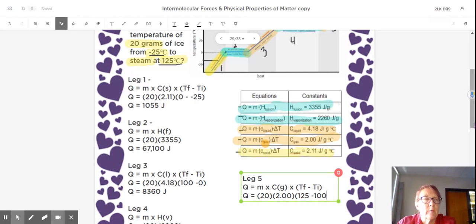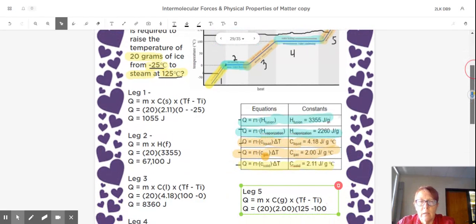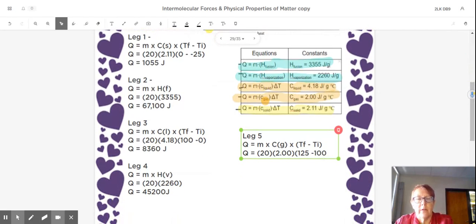Let's make sure we know why. Segment 5 starts at 100 degrees, and then it works its way up. So that's why T initial is 100. Let's see what Q is equal to.